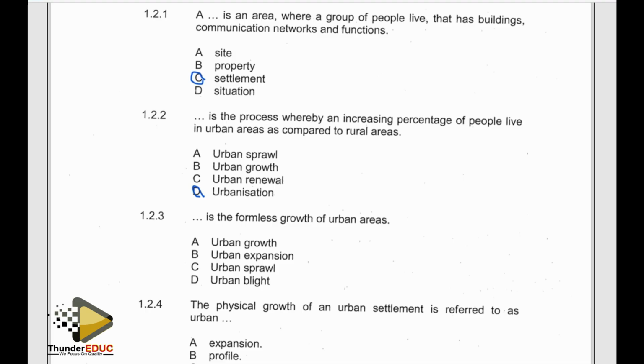These other concepts here, urban growth and urban sprawl, are also geographical concepts that we might need to explain. When we're talking of urban sprawl, we are looking at uncontrolled growth of cities and towns, or some form of formless growth.